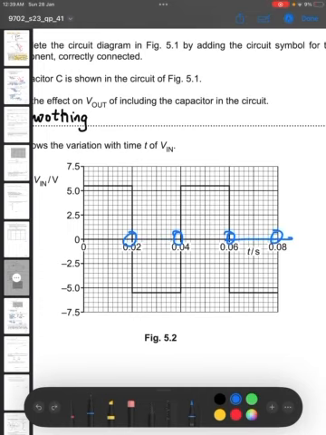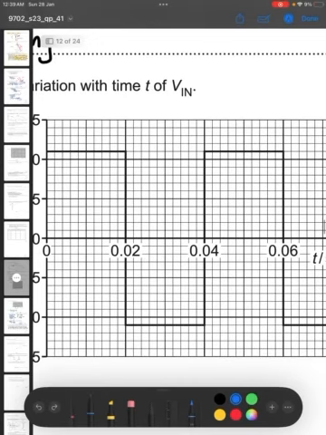In full wave rectification, it's not made 0. It's actually made to go in one direction. So this part, which is supposed to be negative, instead of being negative, will actually go in the positive direction like that.